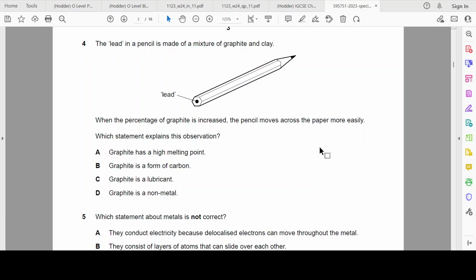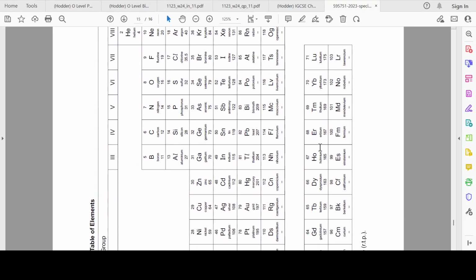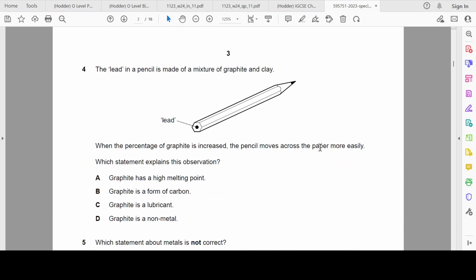That doesn't make sense, because that would mean some other non-metal, such as silica, like sand, or sulfur, or phosphorus, would make it smooth as well, and obviously that's not true.